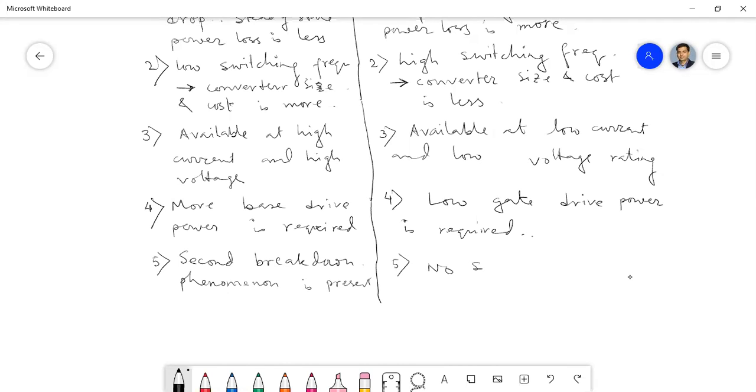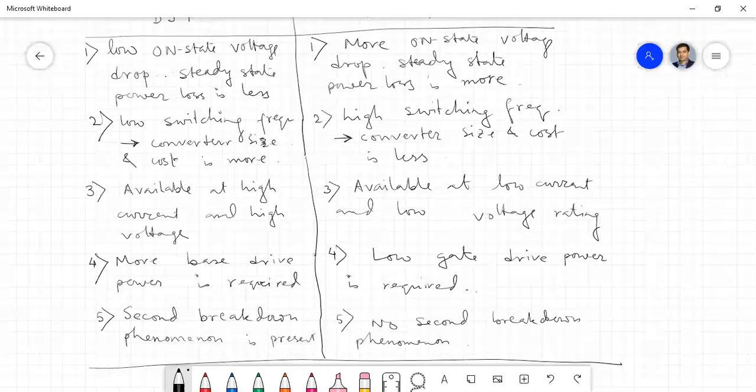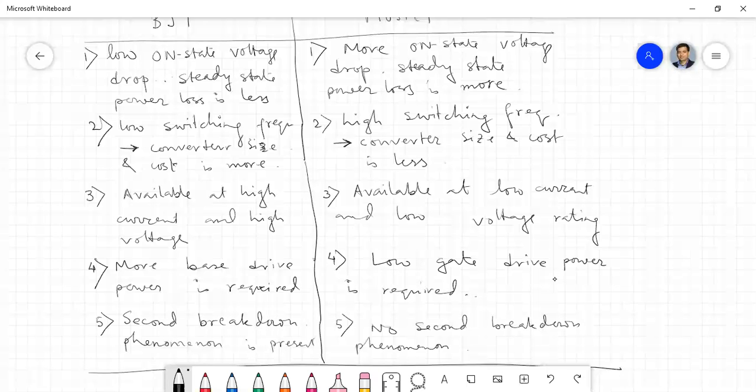So that means from this we can conclude that both the devices have their own advantages and disadvantages.